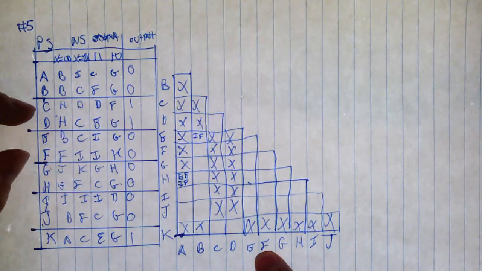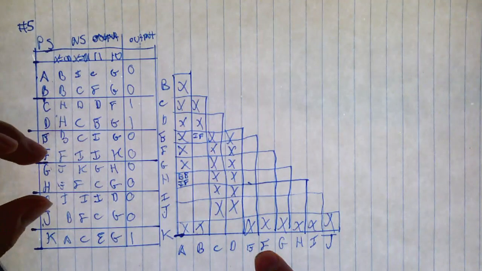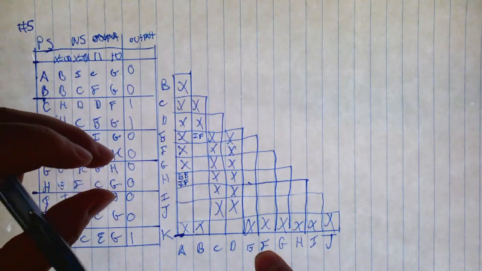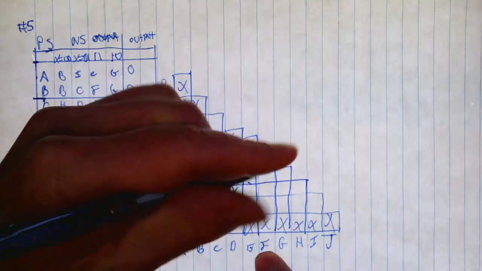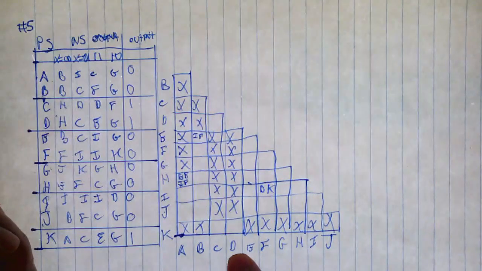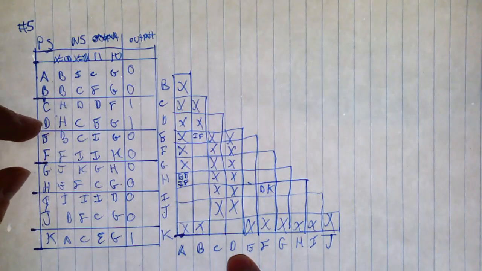I equals F if I equals F, that's good. If I equals I equals I. If D equals K. D equals K, let's keep going.